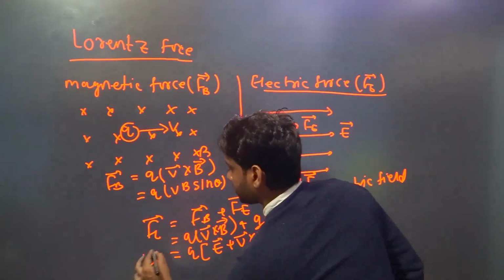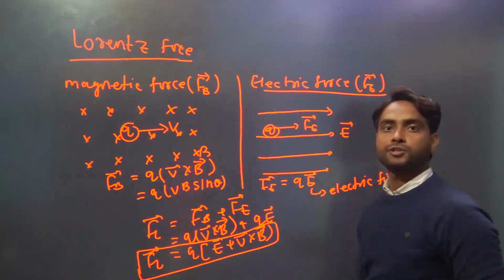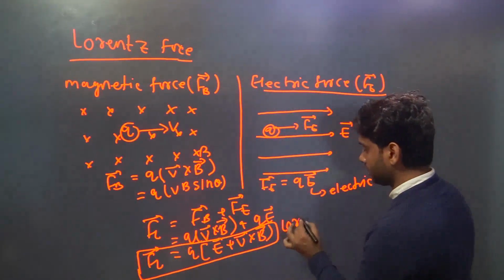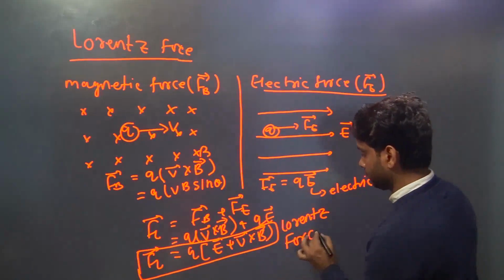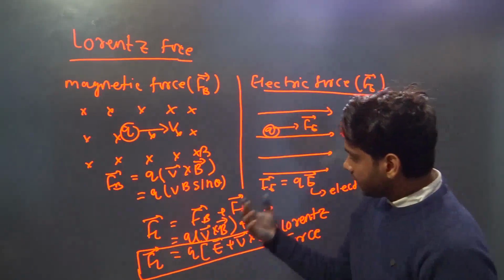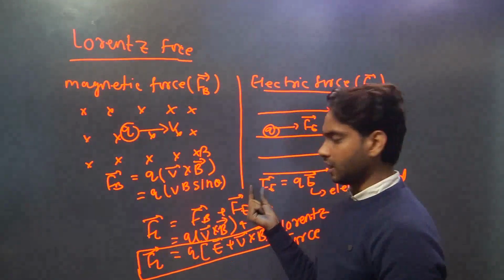And finally this expression is known as Lorentz force. So here we see that the Lorentz force is nothing but the sum of magnetic force and the electric force.